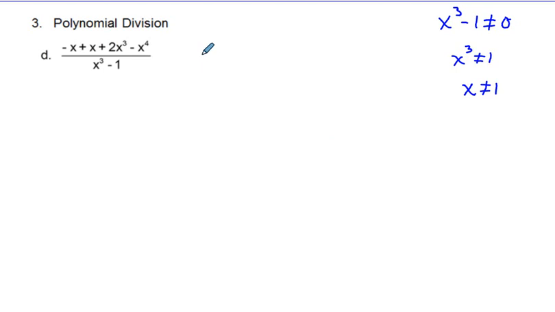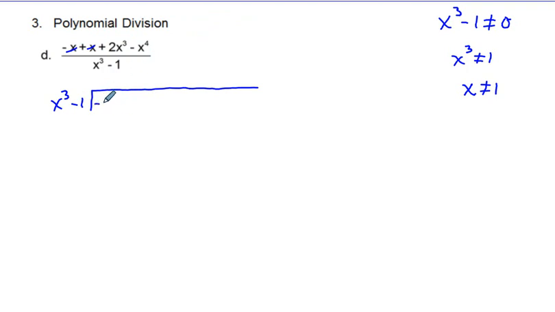So let's work this out as a polynomial long division problem. So I'm going to put this out here. In the divisor place, we put x cubed minus 1, and in the dividend place, what do we put there? Well, we're going to put this in standard form. We have to have the places right. Negative x and x will cancel each other, and we have to put it in standard form on the inside.